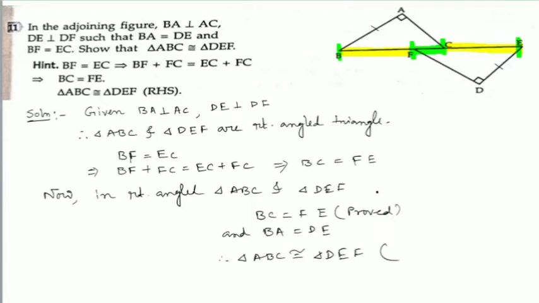Obviously, by RHS congruence rule. Therefore, the two triangles are congruent by RHS congruence rule, and this is proved.